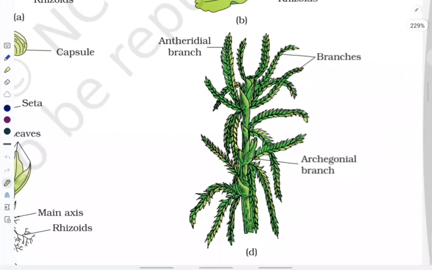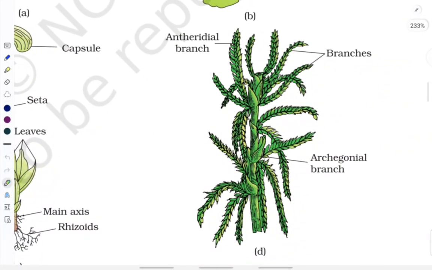Along with Funaria, we also have Sphagnum. Sphagnum has branches such as these. The longer branch that you see is the antheridial, or male branch, whereas these smaller leaf-like appendages that you see are the archegonial branch, or the female branch.